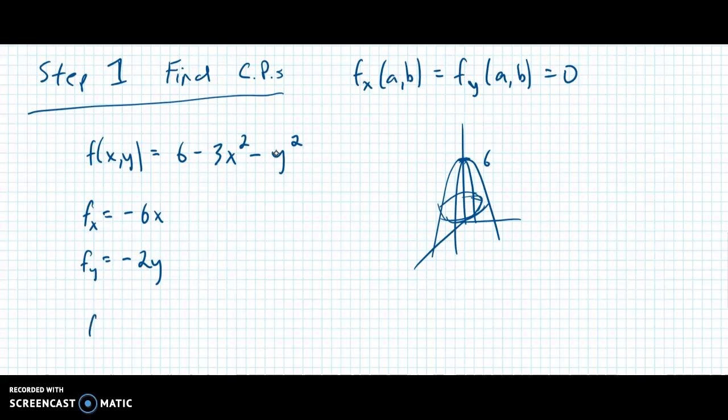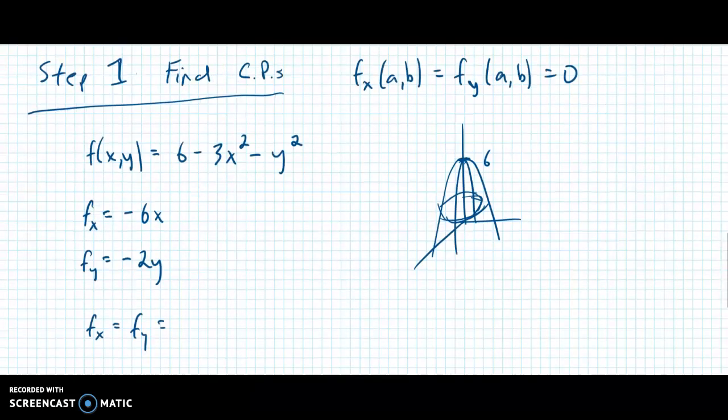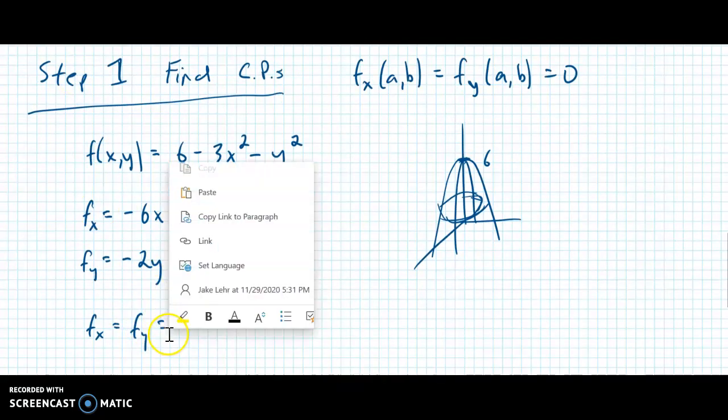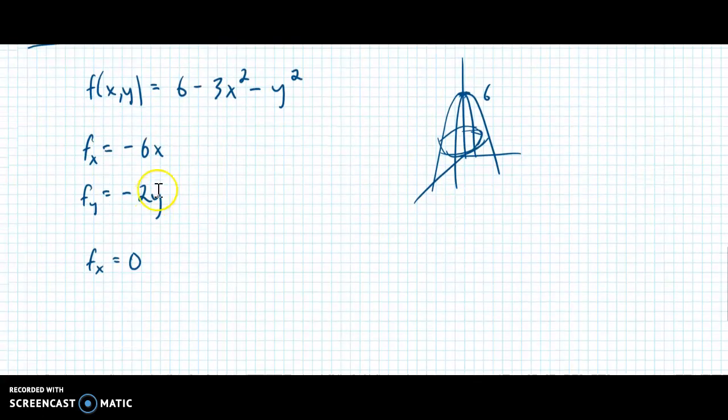So I want f sub x and f sub y to both equal 0, right? So I should write it as: I want f sub x to be 0, and I want f sub y to be 0, right?